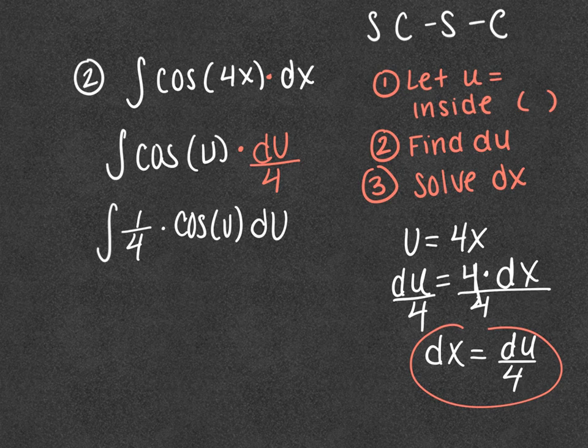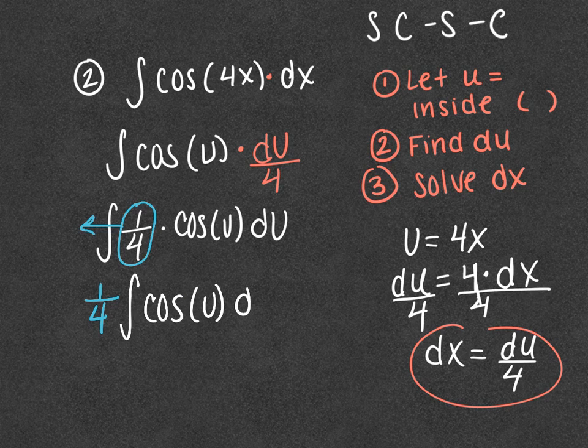And then we can kind of do what I did in those other problems. Take this constant, bring it on the outside. So I have 1/4 times the integral of cosine of u du. And the integral of cosine, right up here, we're going to go left, is sine. So it's sine of u plus c.